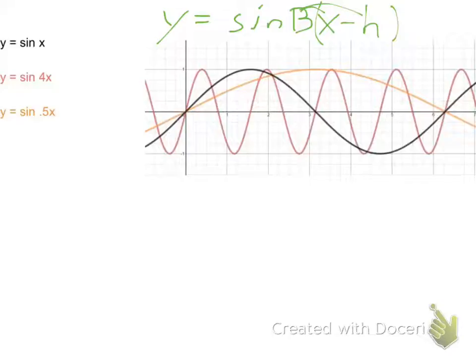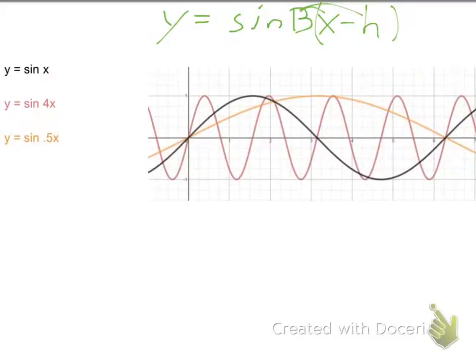So, what I got here is I tried to color code this, and I think I did. I'm going to pause the video so I can increase it. Okay, so I guess I can't increase it. But as you can see, the black sine curve starts at 0. Actually, all of them start at 0 and go up. So we know they're all sine. The black one is your normal.